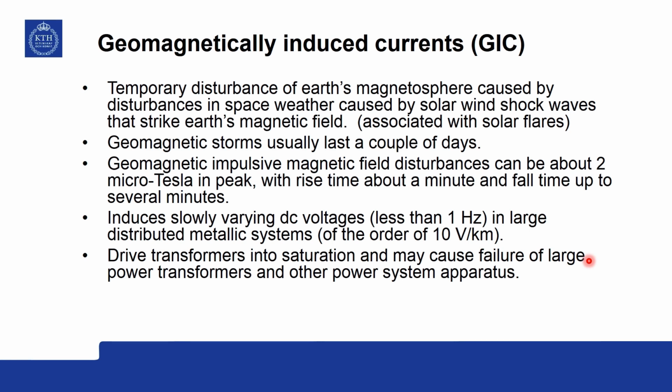So, this magnetic field disturbances are very small, only 2 microtesla in peak. It is quite small, which can have a rise time of about a minute and fall time up to several minutes. So, in terms of waveforms, it is more comparable with the E3 component of the nuclear EMP.